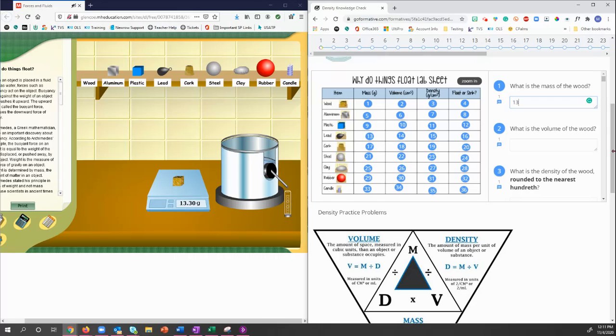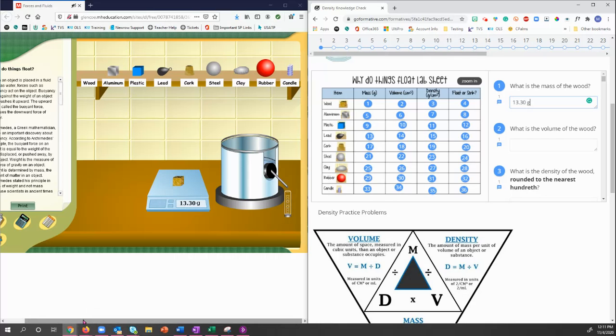So my response here would be 13.30. Again, you can include grams. You do not have to. The mass is 13.3.